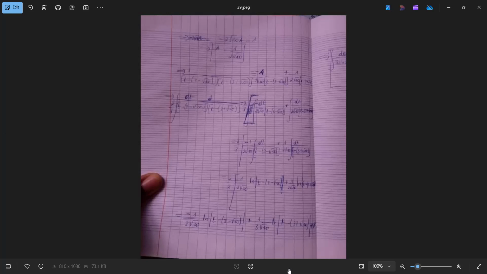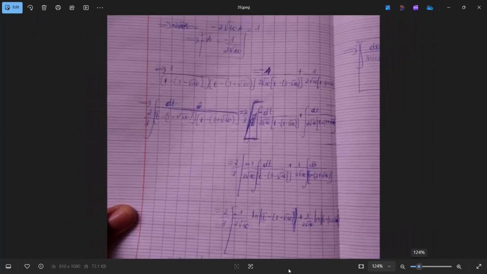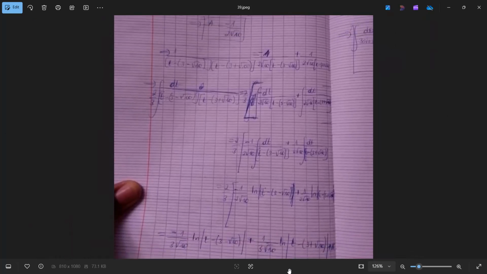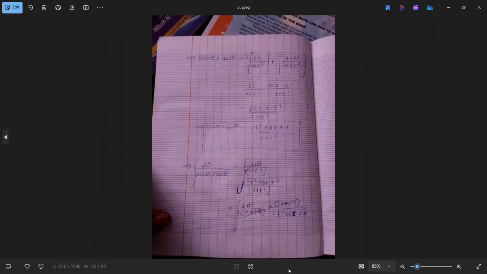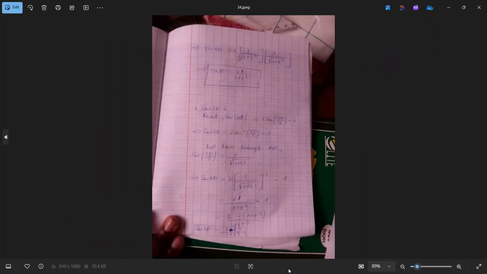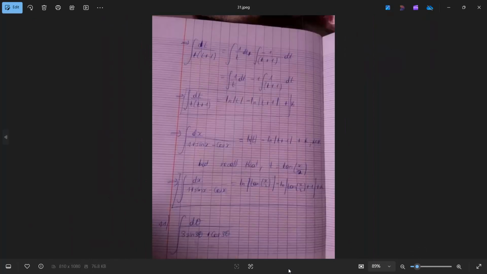At the level of this image 39, let me zoom for you to see things clearly. This was, let me first go back for you to know the question I'm talking of.